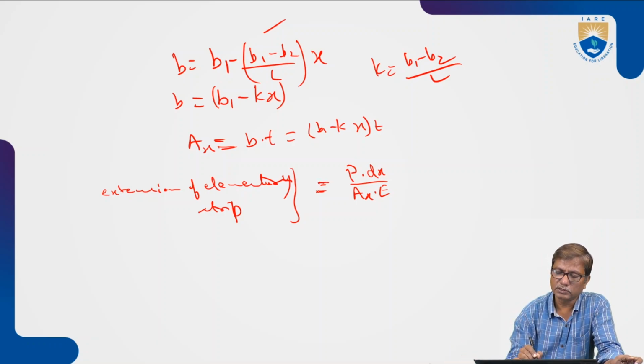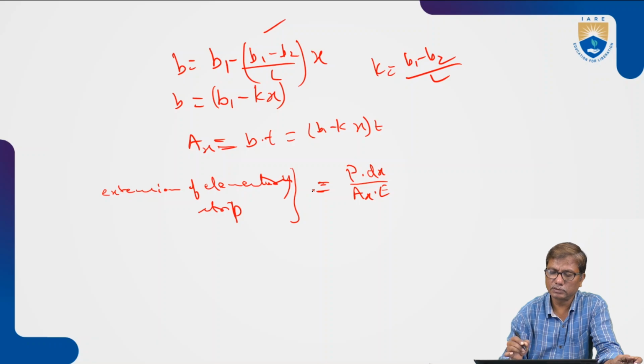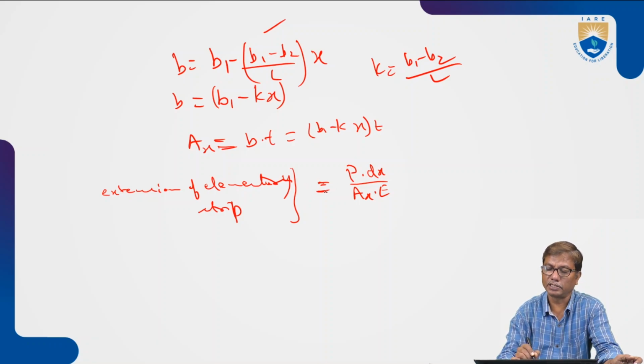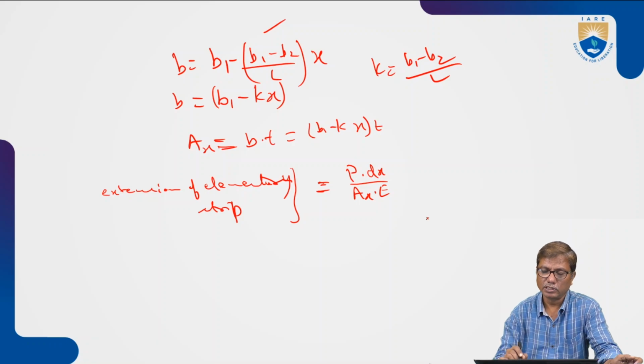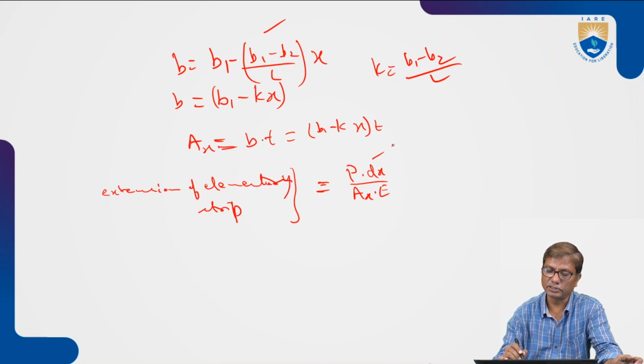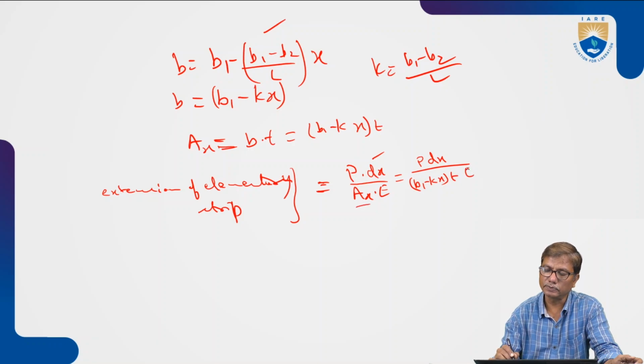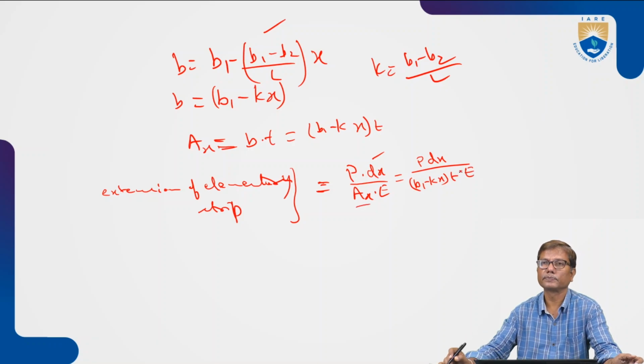So this is the elongation of the small element, elementary strip of length dx. So this is p dx by b1 minus kx into t into e.